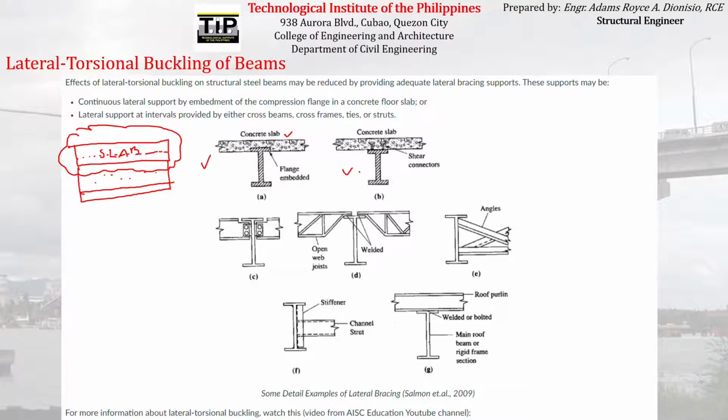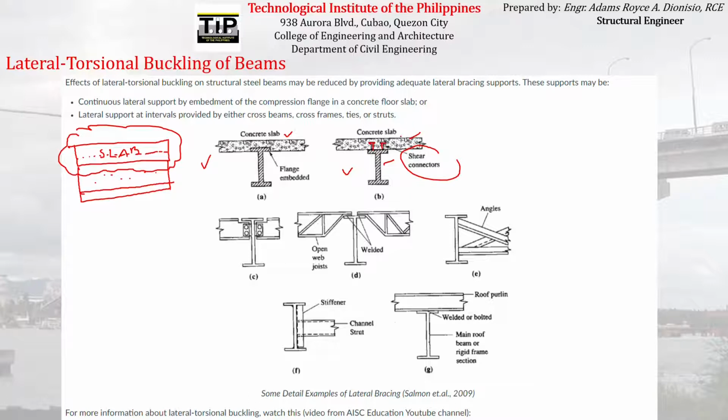Okay, so you can do that configuration, or you can also do this if you don't want the steel beam to be embedded inside the concrete slab. You can just put the slab above the steel beam and then put shear connectors, which are these. Those shear connectors connect the steel beam to the concrete slab so that they can act as one.